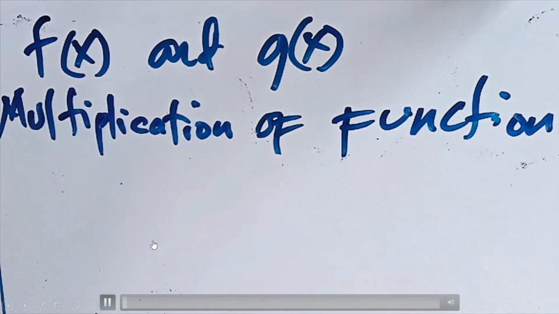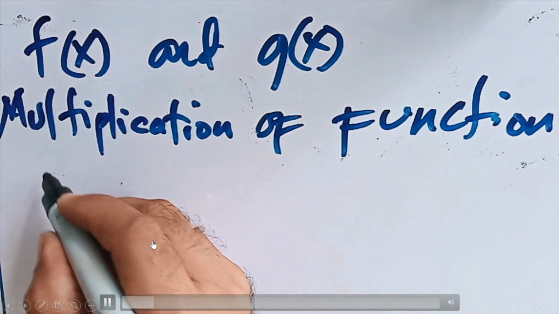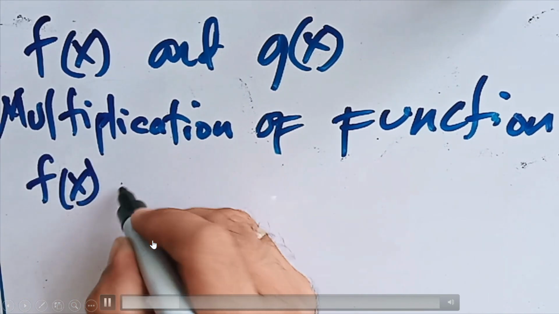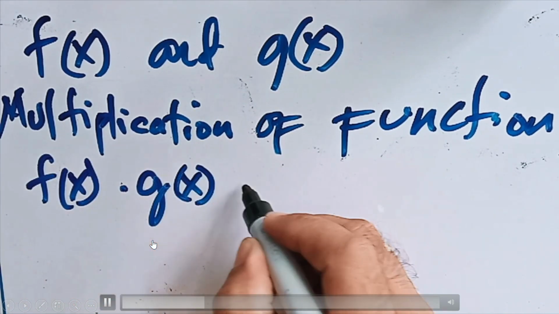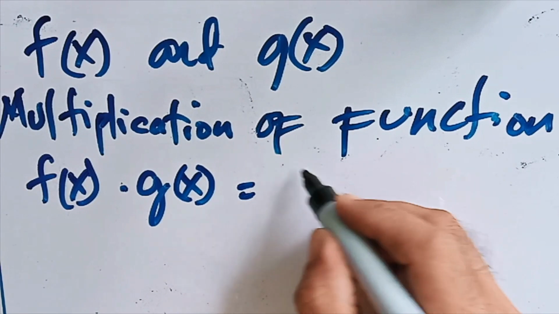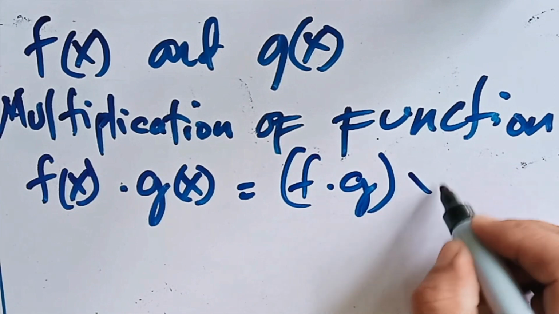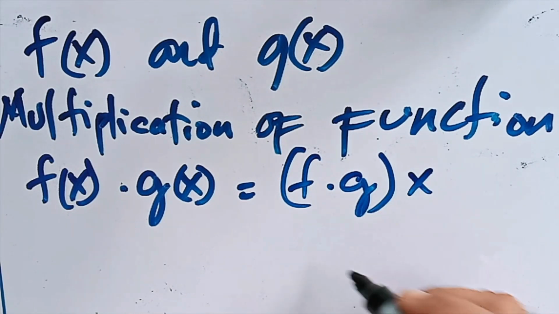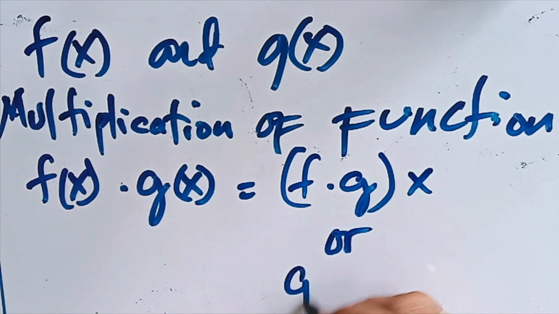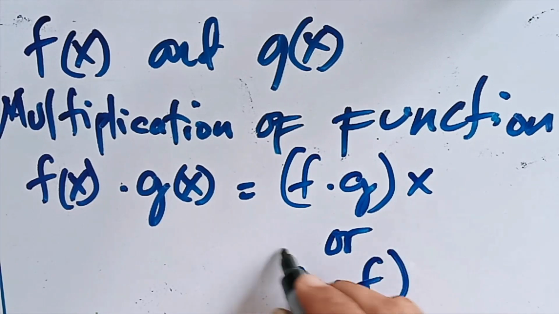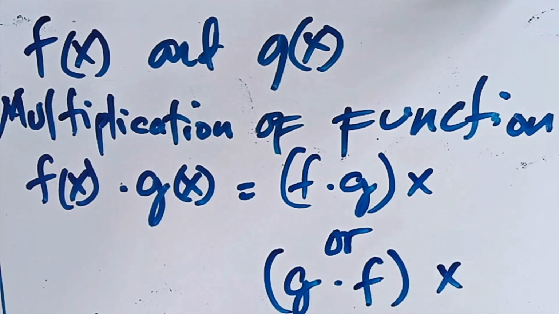In the multiplication of functions, let us see how to multiply f of x times g of x. That will give you f times g of x, or you can write it this way, g times f of x.